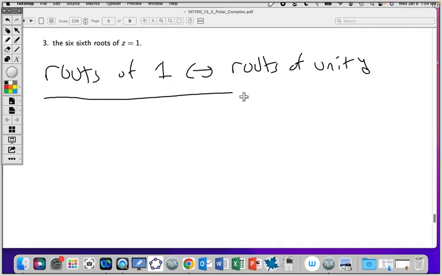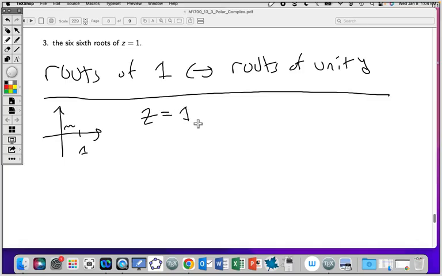But, you know, be great for a project. So here's the thing about z equals 1. If you think of z equals 1, here it is in the complex plane. It's 1 unit over from the origin with an angle of 0. So z equals 1, that's 1 cis 0. So it's just cis 0.